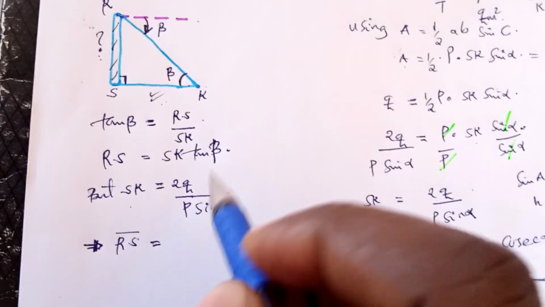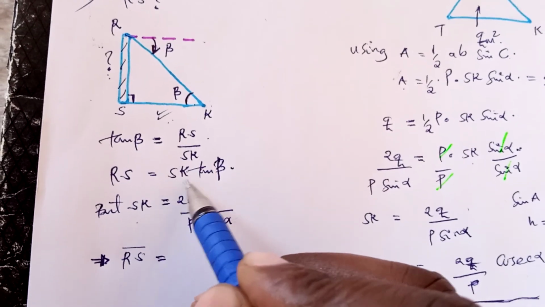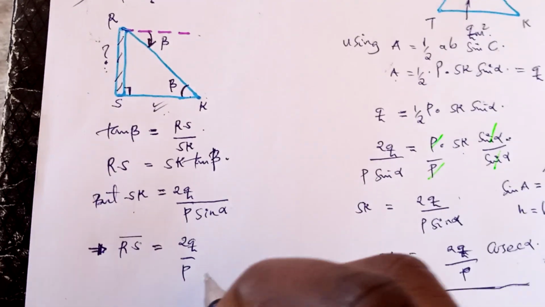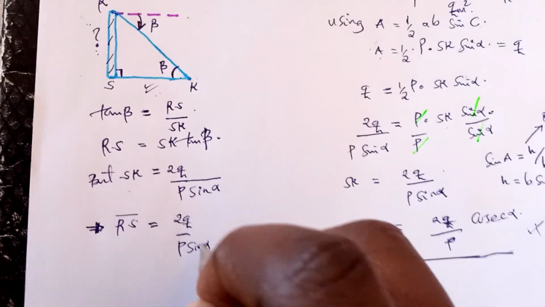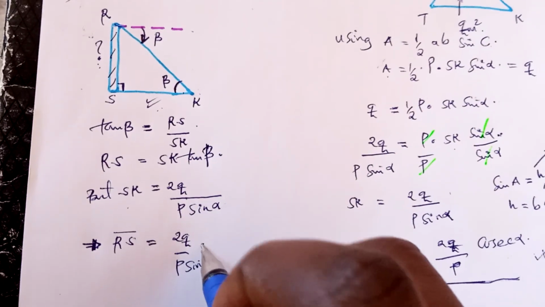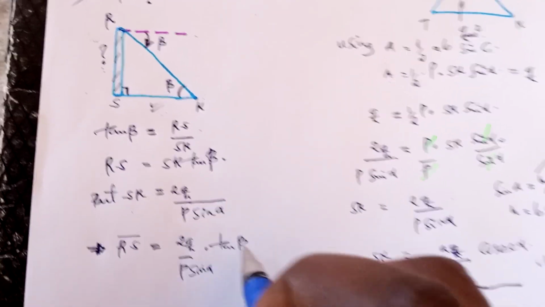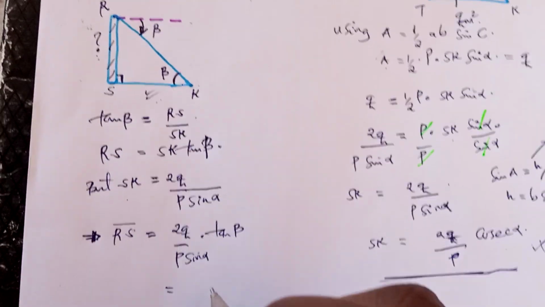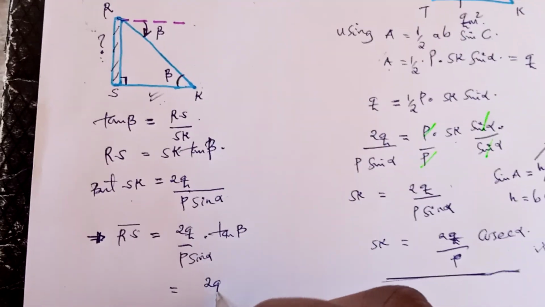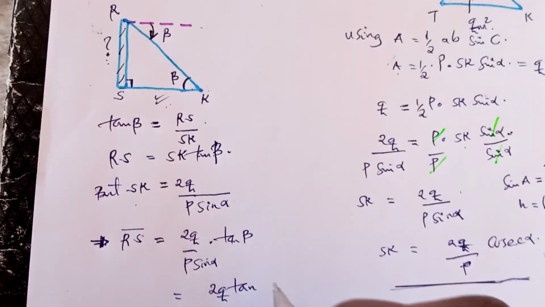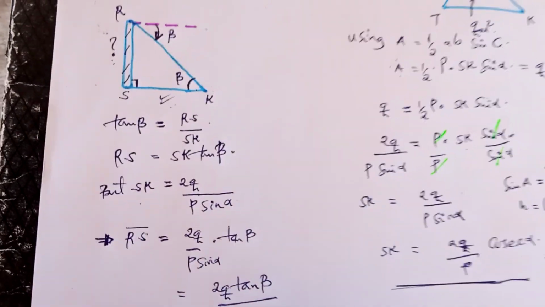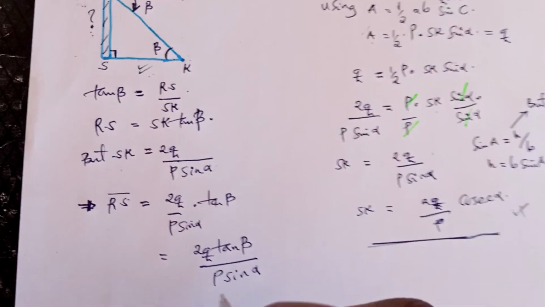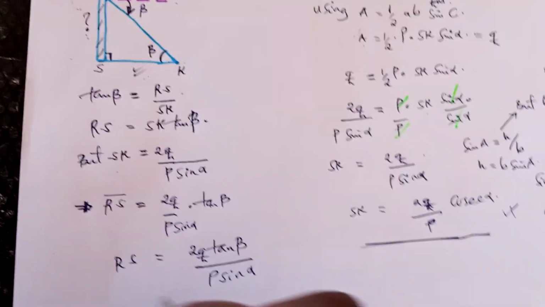RS, we substitute here, 2Q out of P sine alpha times tan beta, or tangent beta. Make it look nice: 2Q tan beta out of P sine alpha. That is our RS.